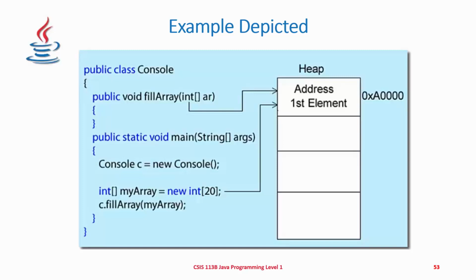So when we in main created myArray, a new location on the heap was created for that array. It was assigned an address. And when we then pass myArray as a parameter into a custom method, in this case fillArray, it's just the address that's being passed in as the parameter. So that custom method now is using that same address on the heap, so any modifications that it's making to the array are made to the original myArray.